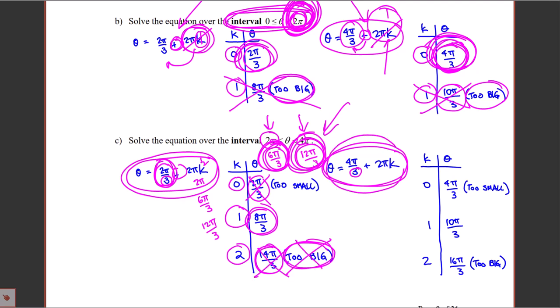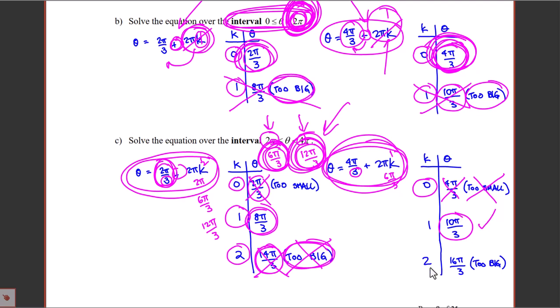Same thing for this one. I plug in 0. This one is too small. I plug in 1. Well, that's 1. 2 pi is like 6 pi over 3. 6 plus 4 is 10 pi over 3. That's okay.